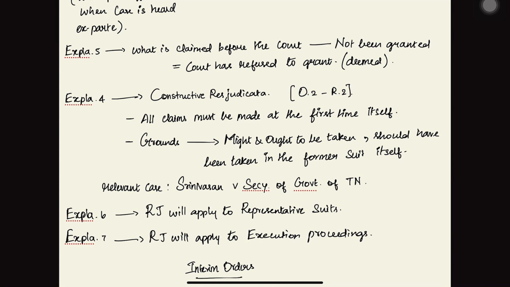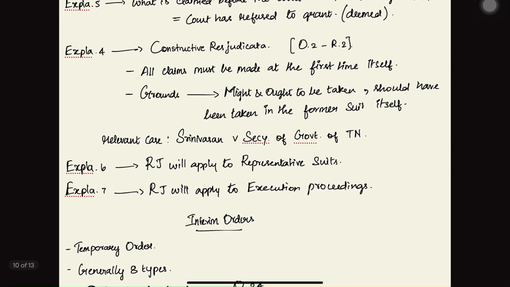If he has a bundle of claims, he has to seek every claim in that first suit itself, and cannot further ask for different claims on different grounds. Grounds that might or ought to have been taken should have been taken in the former suit itself.